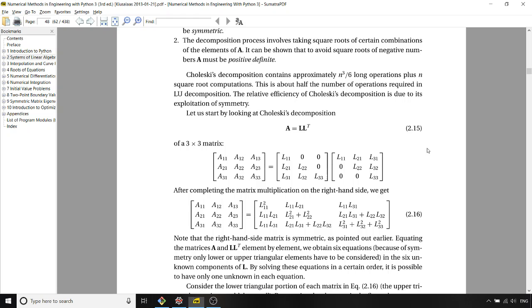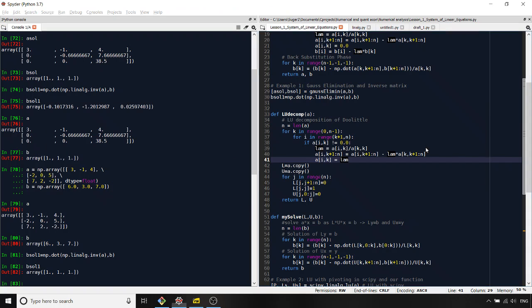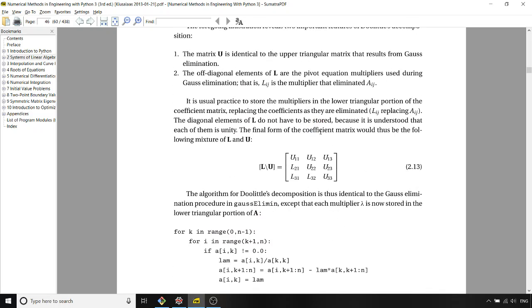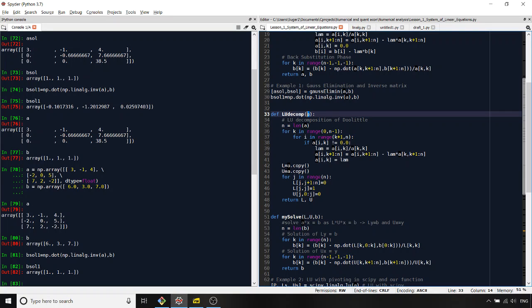We can go to the Python code so we can see how it works. As in the case of the Gauss elimination method, we have our A matrix, and we would like to decompose it into lower and upper triangular parts.